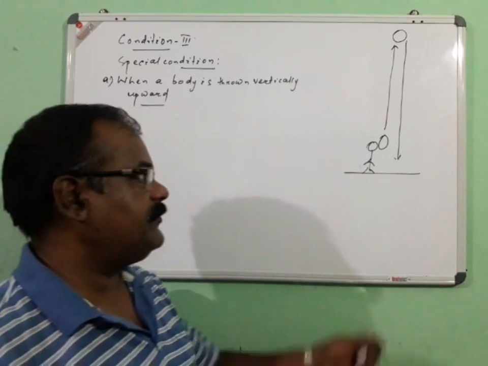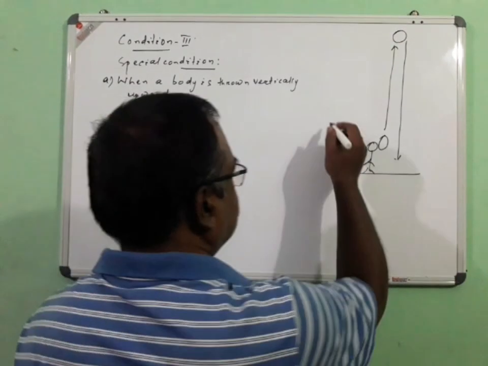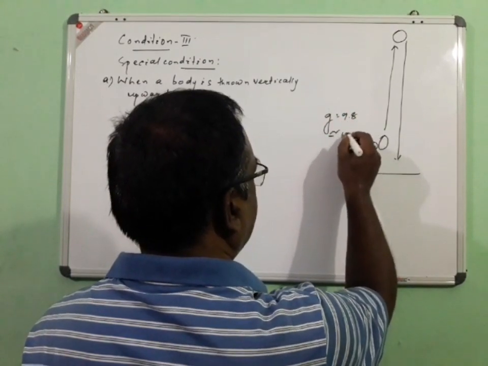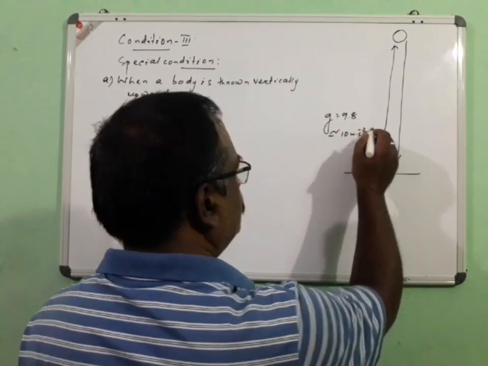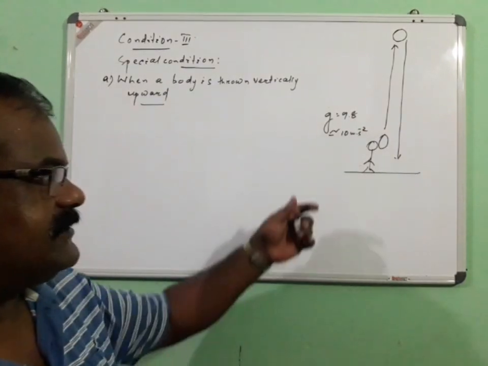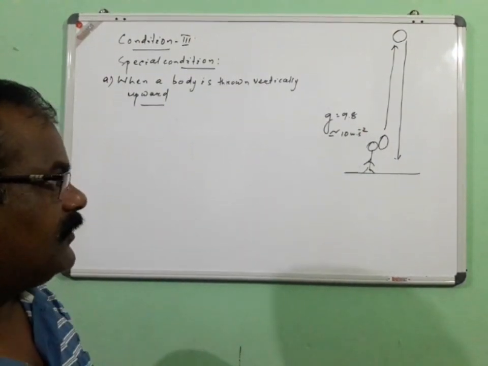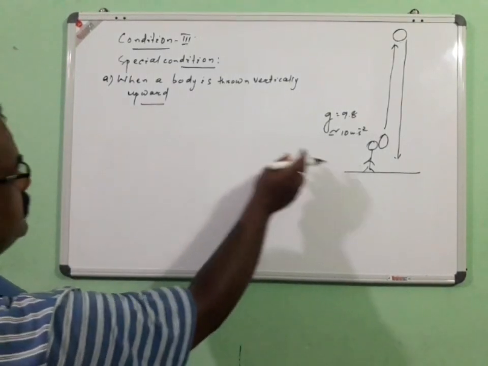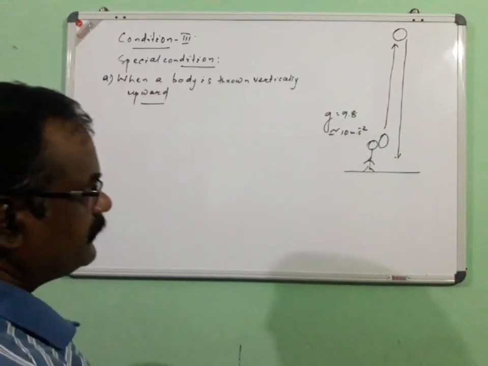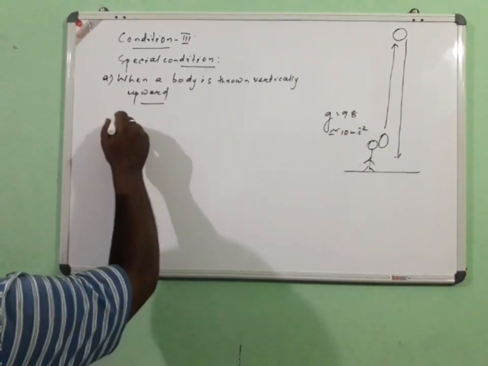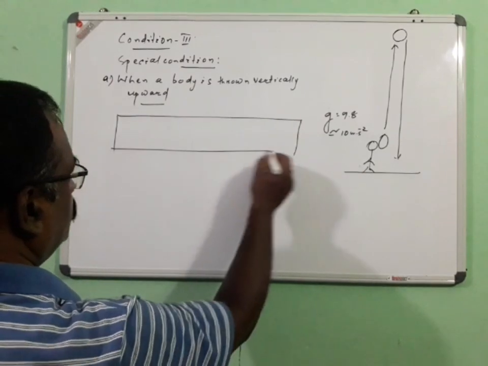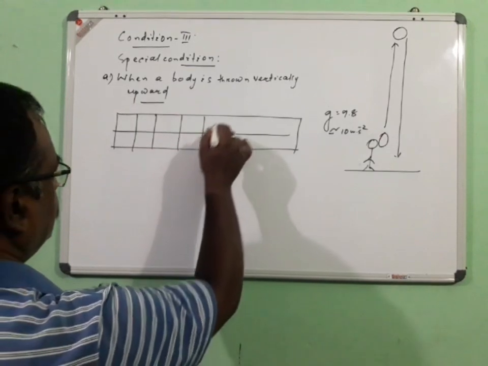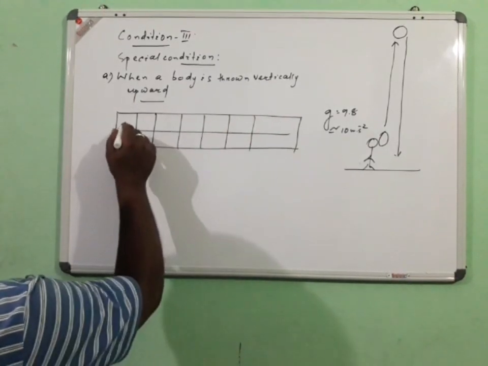In such cases, if we take the acceleration due to gravity g equal to 9.8, or approximately 10 meter per second square, which is a constant or uniform acceleration, the body is moving with uniform acceleration. If we represent it graphically, what type of graph will we get?